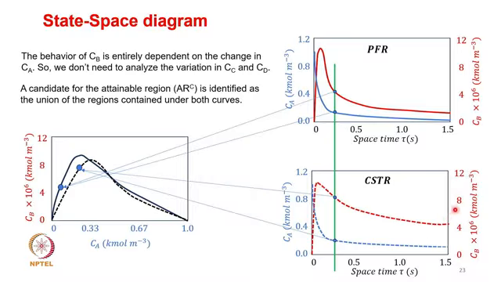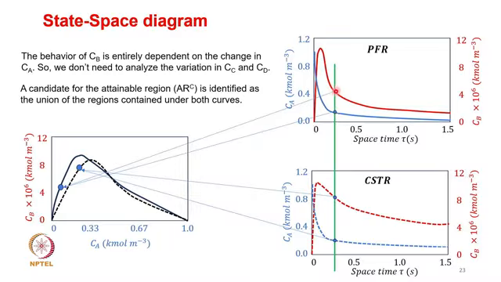So in the state space diagram, you map these points, your CA and CB points, together as a single data point in the curve. The plot is just between CB and CA, and for one reactor you would only see one curve.